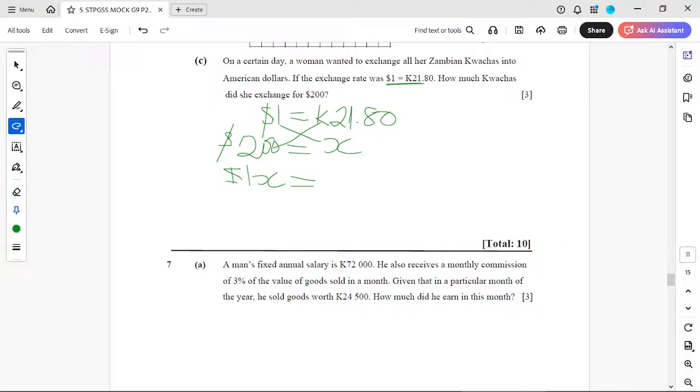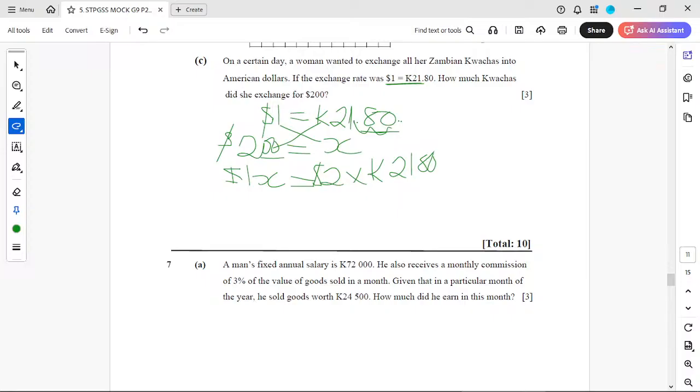So what we can do now, we can see that this number has got 2 decimal places and this number has got 2 zeros. So we can just use these 2 zeros to move the decimal places out, so that we can have $2 times. Now since the point moved this side, that means we have got 2,180 kwacha.